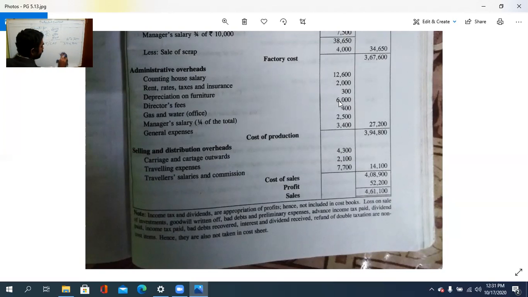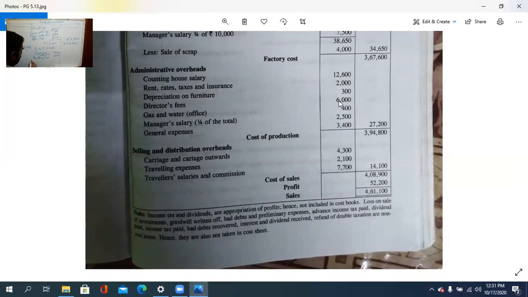Then there is no adjustment with regard to finished goods, opening or closing, is there? So we are adding the selling and distribution overheads. S&D overheads like carriage and cartage outwards, how much is it? 4,300. Then traveling expenses 2,100.